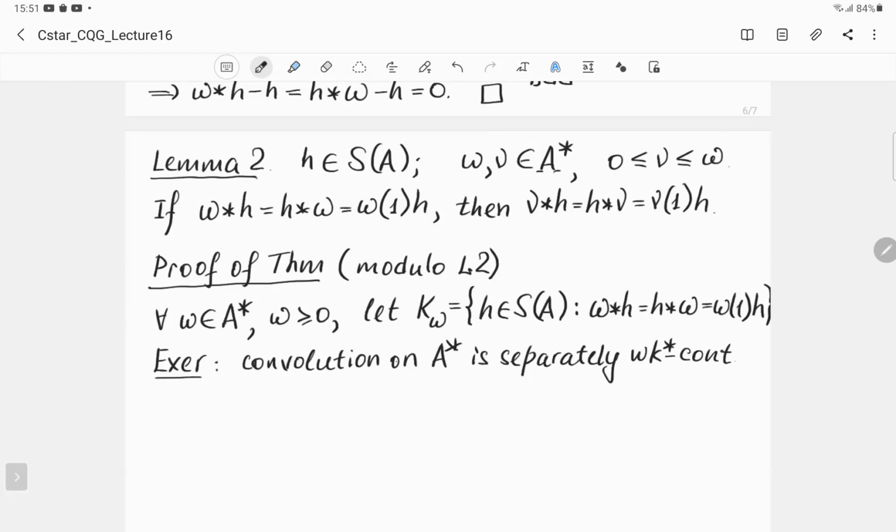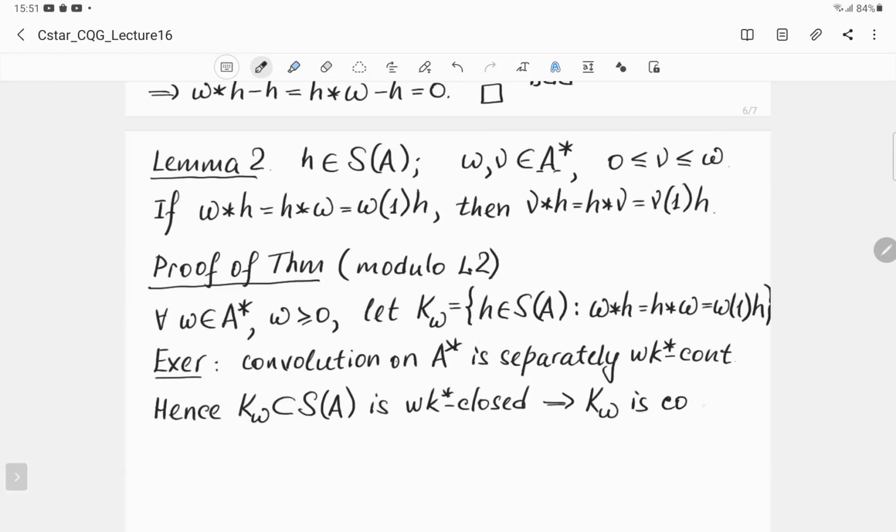This easily follows from the definition of the convolution. So it is separately weakly star continuous, and this implies that k omega is weakly star closed. So it is compact.